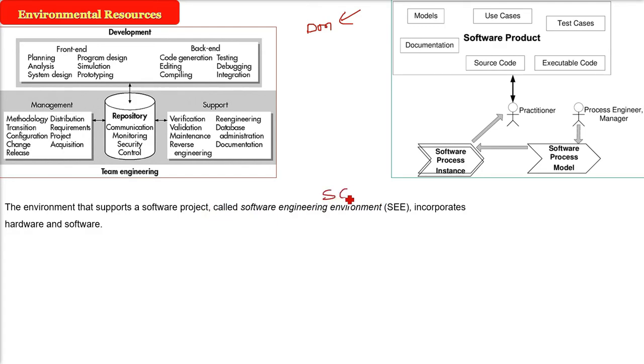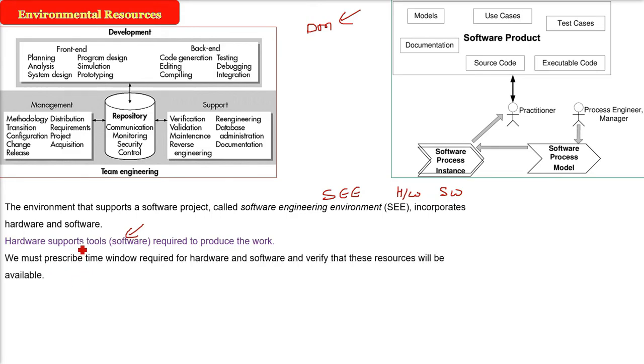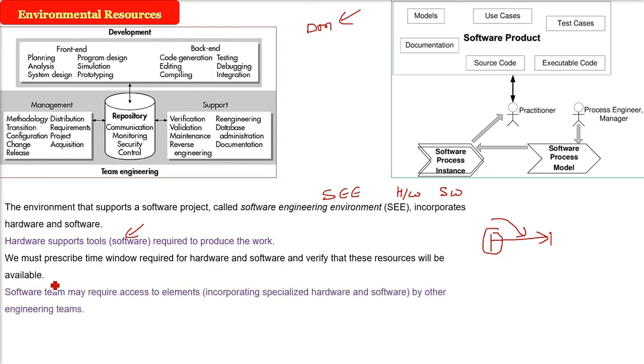As I said, for a software company, you need administration and a store department also. So hardware, software, tools: hardware support tools, that is, the software required to produce the work. Without software and hardware, how are you going to work? Okay, this is important. And we need to prescribe the time window also, whenever this hardware and software is required and when we are going to get it, because until you get the proper support, how are you going to complete the software project?